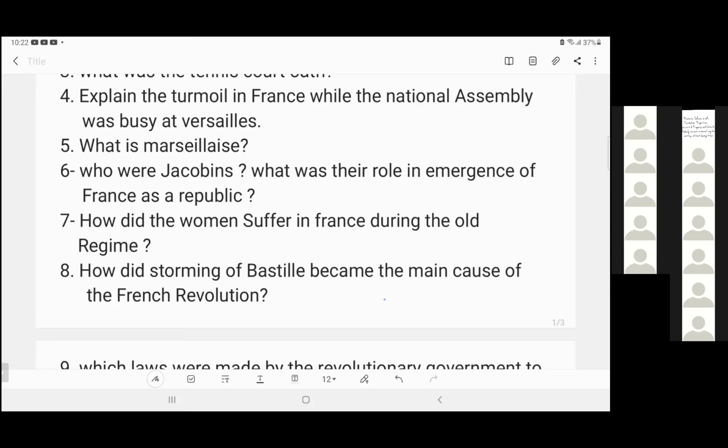Jacobins were the most successful club among all the clubs. They wore long striped trousers and a red cap, which was a symbol of liberty.